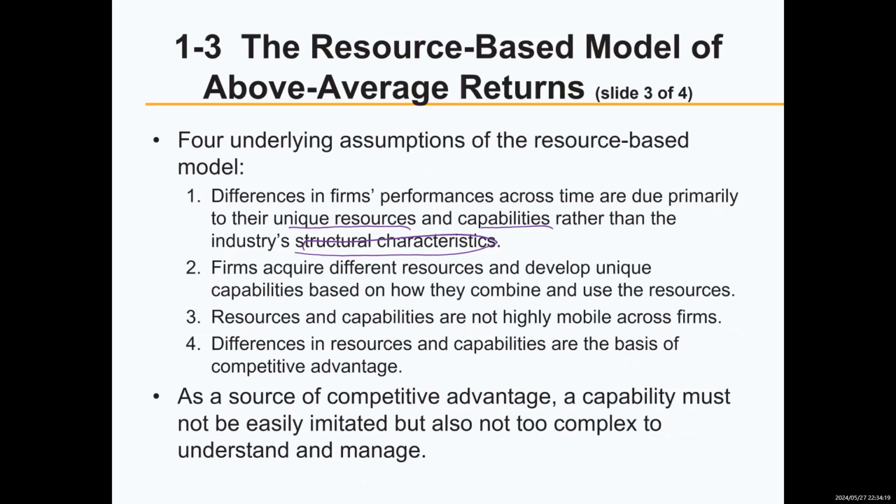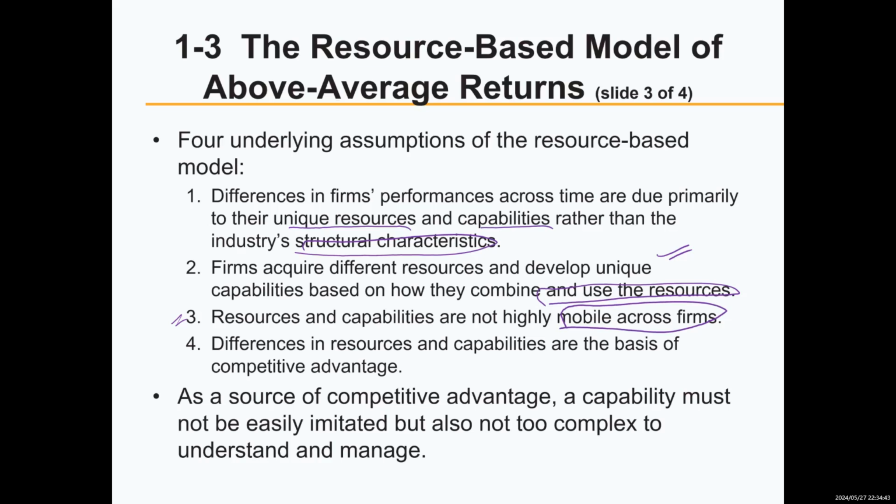Firms acquire different resources and develop unique capabilities based on how they combine and use the resources. And resources and capabilities are not highly mobile across firms. They cannot be easily transferred from one company to another company.